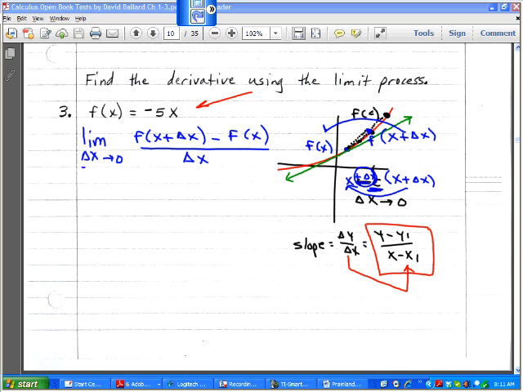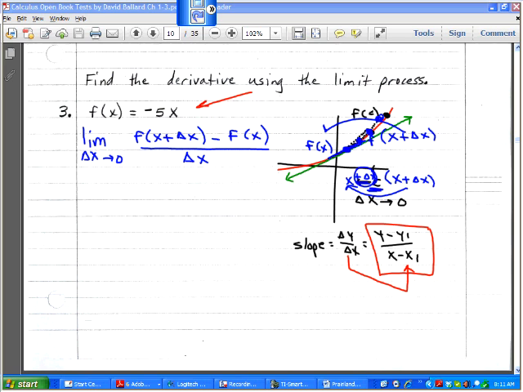So as the change in x is approaching 0, in other words, as this second point approaches actually being the point itself, then what we have is the tangent line itself, or we can have the slope of the tangent line at that point of tangency. Okay? So here's our difference quotient, and then we're just going to plug into that.